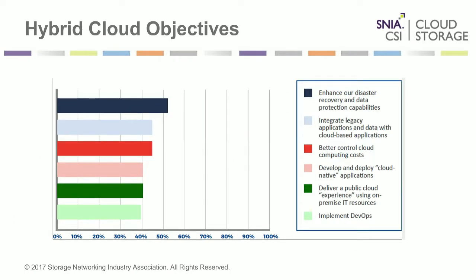So this is a different look from the use cases. Here I was trying to find out what people really want to get going forward out of hybrid cloud. But notice, disaster recovery is once again at the top of the list, although now you see some different things that people would like to do longer term, like integrate legacy applications and use the hybrid cloud infrastructure to control costs.